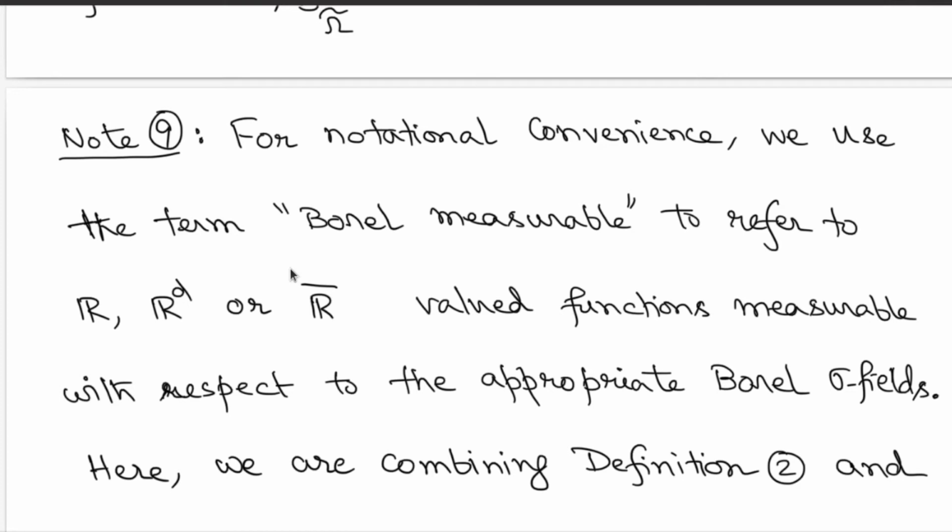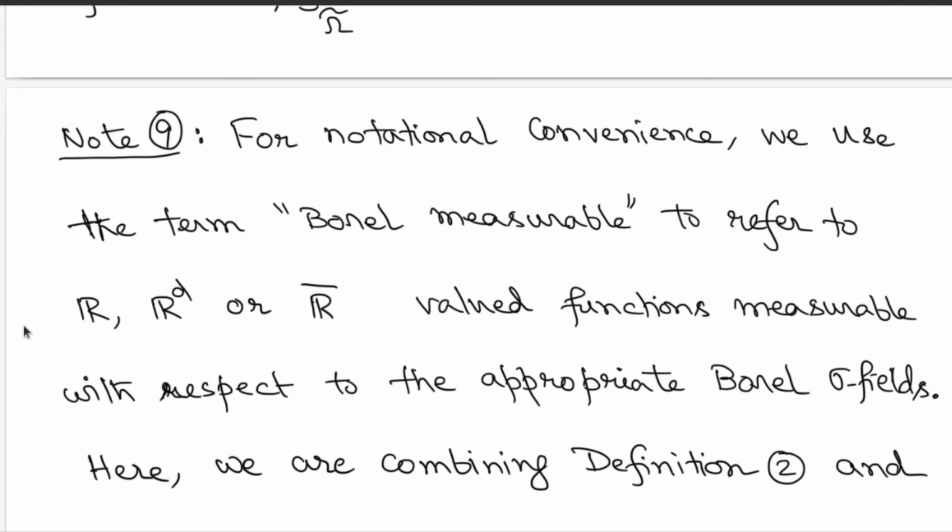But it will be clear from the context when you fix your function or start the discussion, you are going to talk about some specific type of functions, and then you will immediately specify the domain and the range. To talk about a function, you have to first specify the domain and the range. Once you do that, it will be clear what space is on the range side: the real line, R^d, or the extended real line R bar.